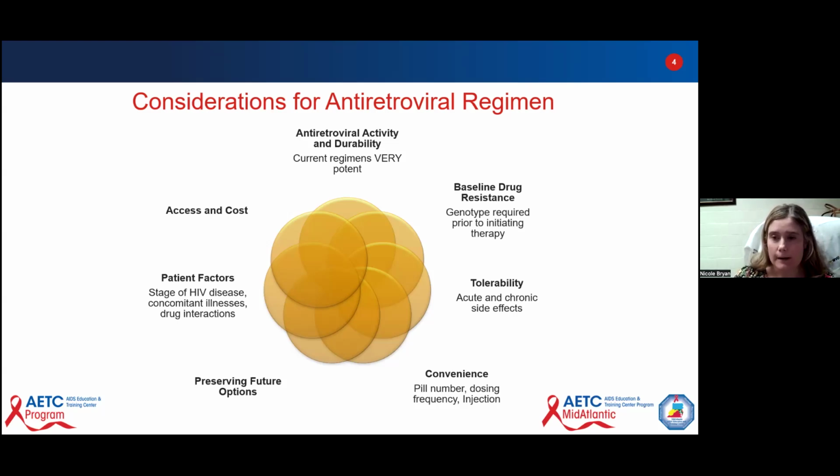Are they going to be able to get them filled at their pharmacy? Are they going to be able to store them if they're unstably housed or things like that? How are they going to store their medications if they get their prescription filled? So lots goes into the decision-making process as we try to find the best medications for each patient.